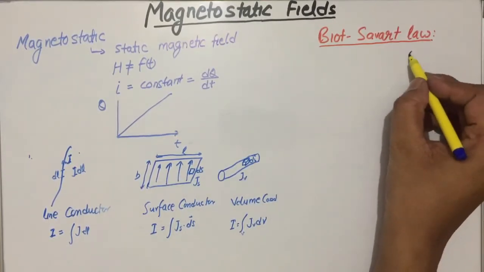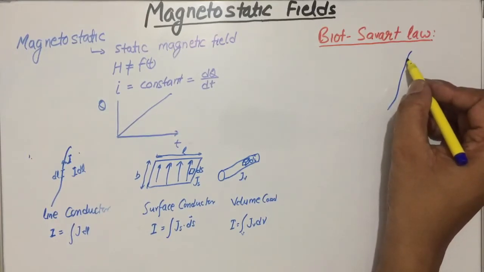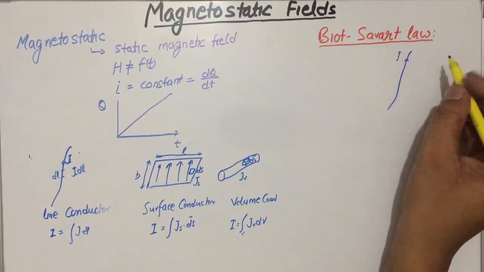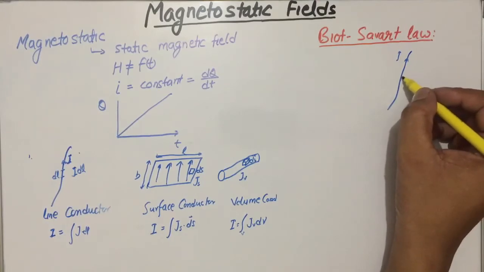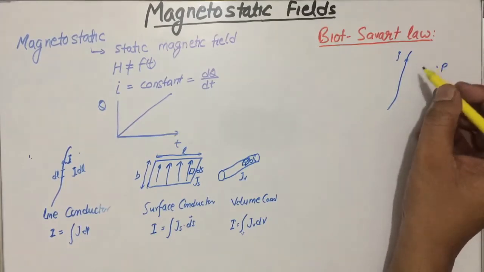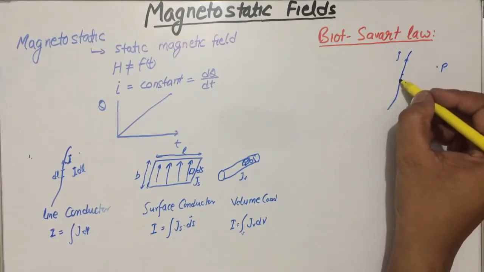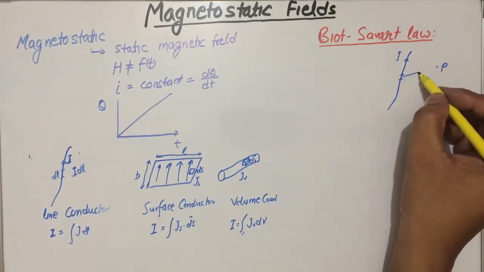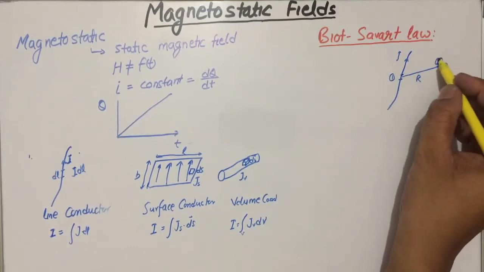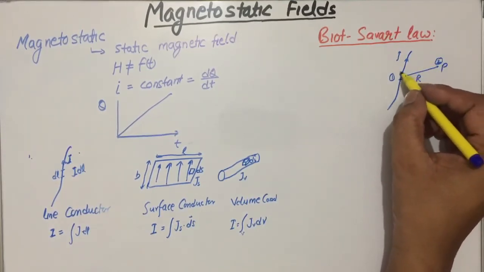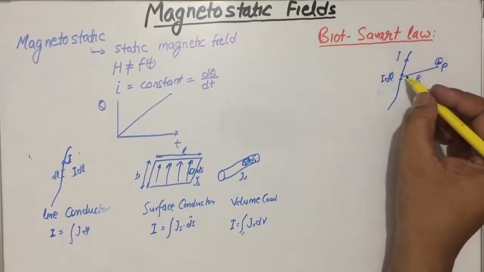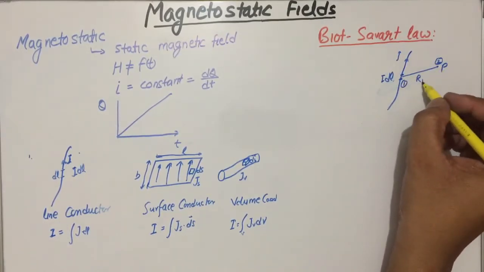For example, this is a current carrying conductor through which current I flows, and we wish to find the intensity at any point P. Then we will assume any element here, with point 1 here and point 2 here, and this element will be considered as the current element IDL. This is R12.